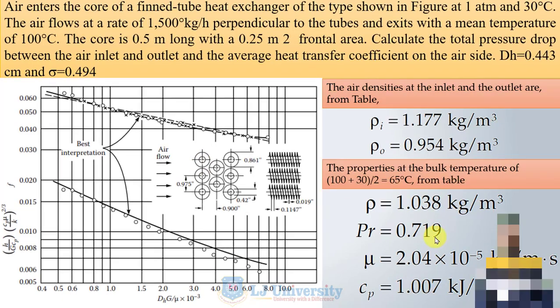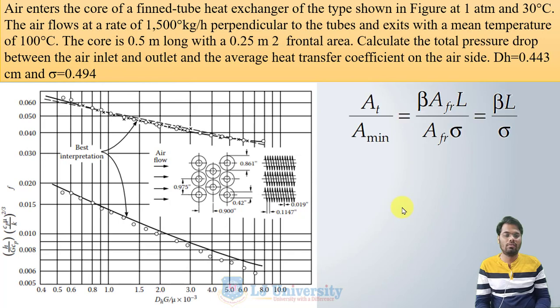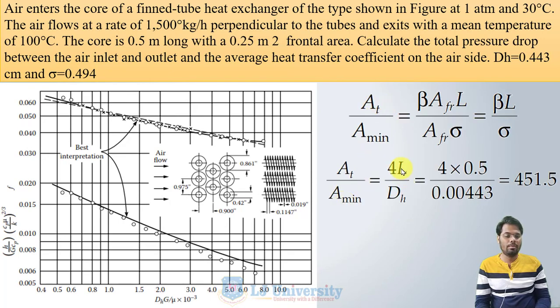Our first step is to find out the value of Reynolds number. For the Reynolds number, we need to find out the value of AT by A minimum. We know that AT by A minimum is 4L by DH, where L is the length of the matrix, given as 0.5 meter, and DH is the hydraulic diameter. So this is the ratio of AT to minimum area, and AT by A minimum is 451.5.